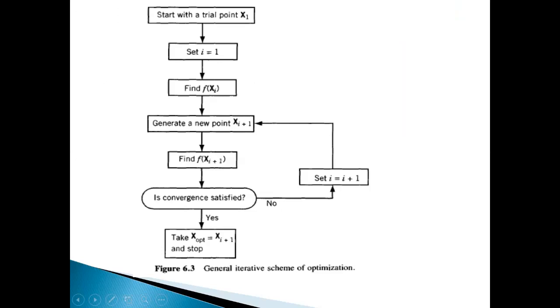First, we start with the trial point x1. We set the iteration to 1. We get the function of this input xi. Then we generate the next point xi plus 1. We take the function of that point. We see whether it has reached a minimum point. If it converges, then we take that as an optimal point. If it doesn't converge, we increase the iteration and repeat this procedure of generating the next value and taking the function of that.